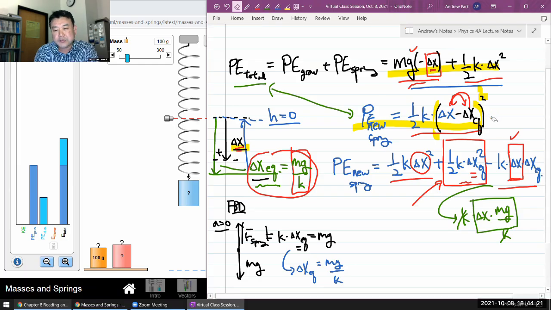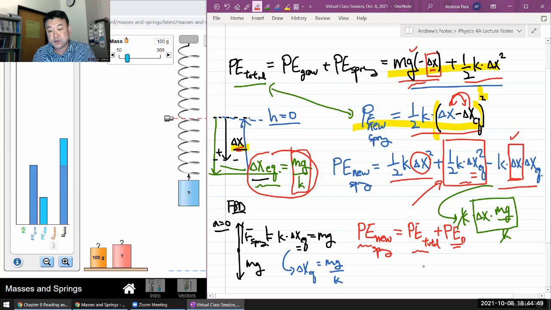My new spring potential energy can be expressed in terms of the old total potential energy, plus some offset. There is a constant offset between this expression here and this expression here, the constant offset being 1/2 K delta X equilibrium squared.